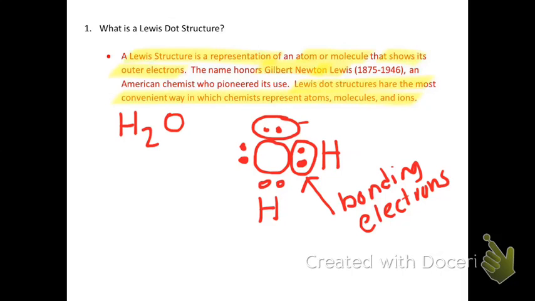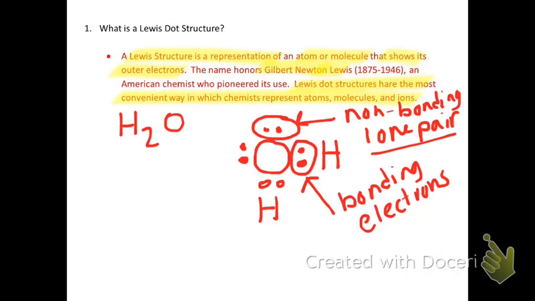The dots that you see here are not bonded to anything, so these are called non-bonding electrons, or a lot of times we'll call them a lone pair, a lone pair of electrons.